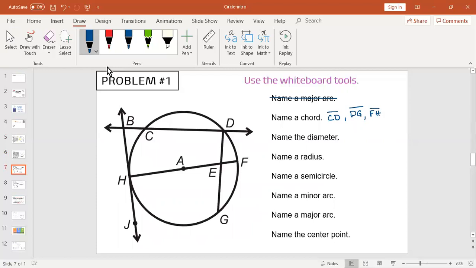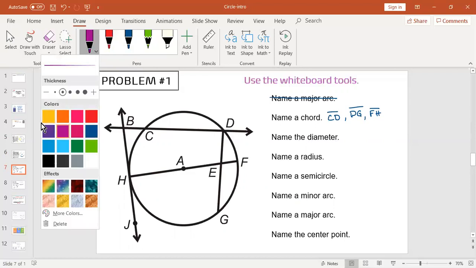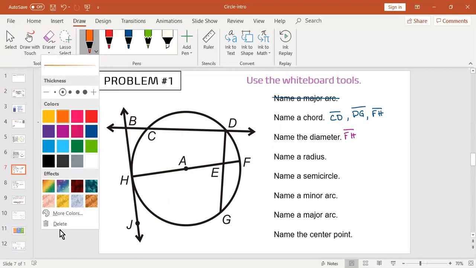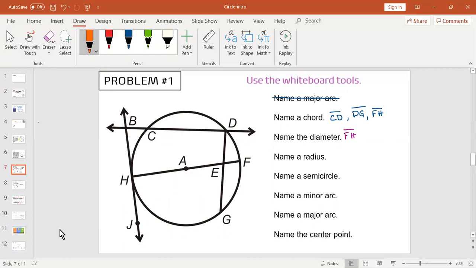And again, those are line segments, so that's why I have the bar above. So the diameter, there's only one, FH. Radius, I have 2. I have AF and I have AH. And again, if you wanted to switch the letters around, not a big deal.